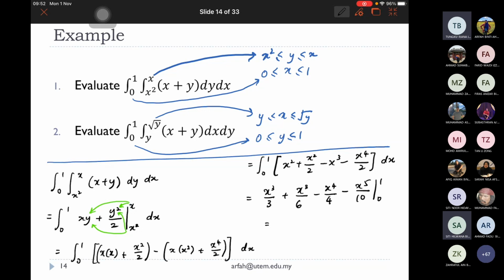Per 20. Betul. 3/20. So dapat yang lain. Itu jawapan dia. So cuba buat soalan kedua.